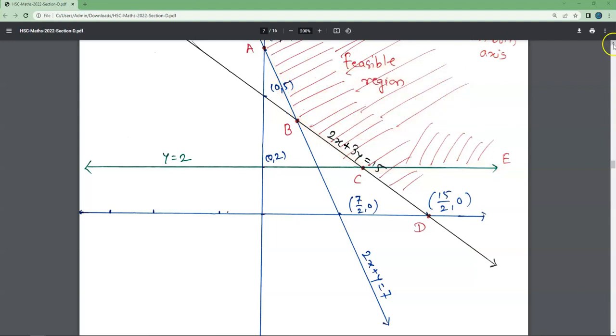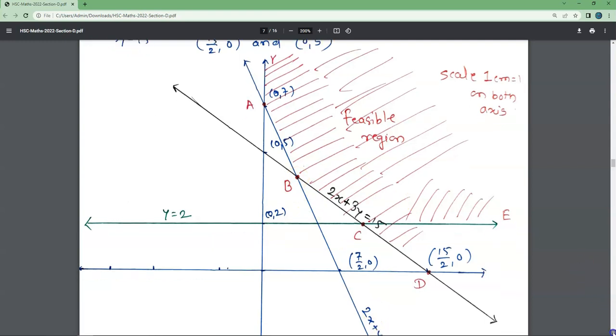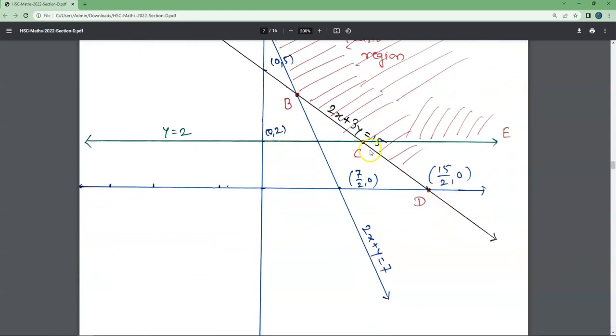Now, A point we already know it's 0, 7. B and C, these are the 2 points which we need to find out. So B is the point which is intersection of ह्या दोघा लाईनचा intersection आहे. So solve these two lines of equation and then whatever the point of intersection, that will be the B. And similarly for C we will have to solve 2x plus 3y is equal to 15 and y is equal to 2.